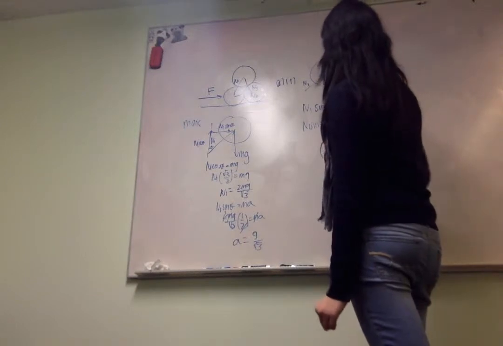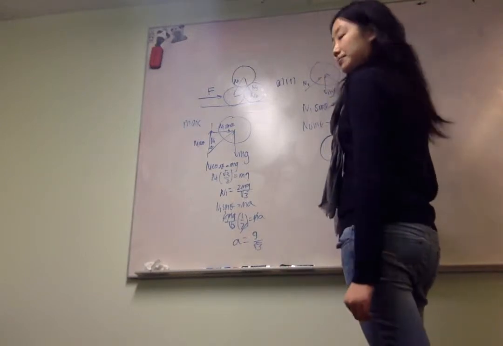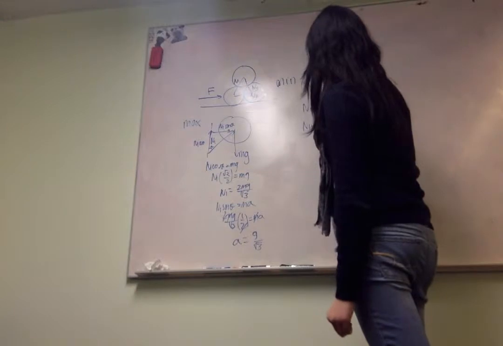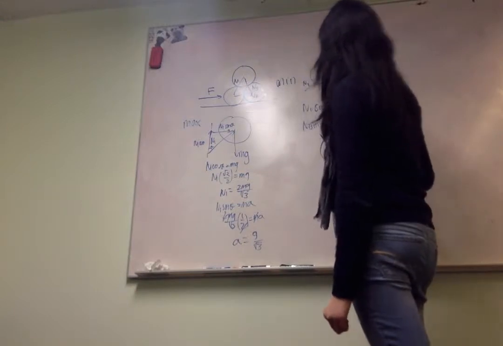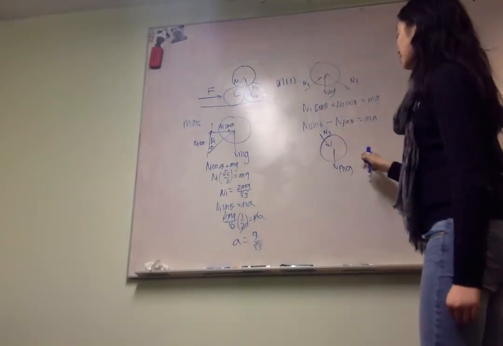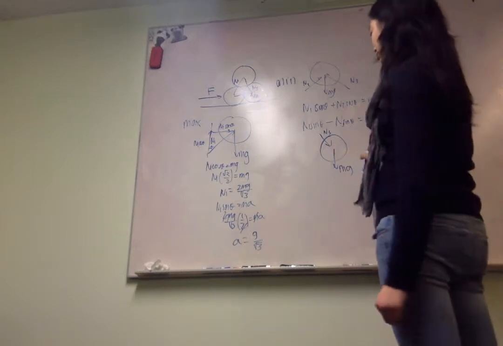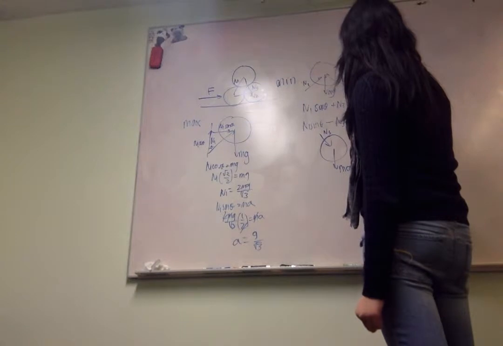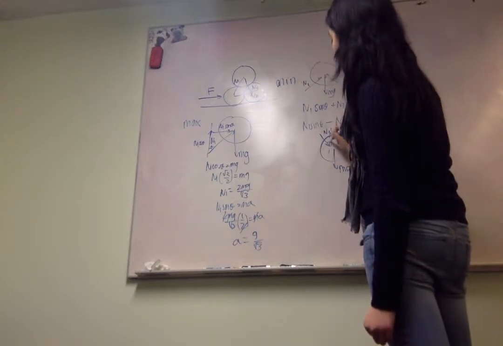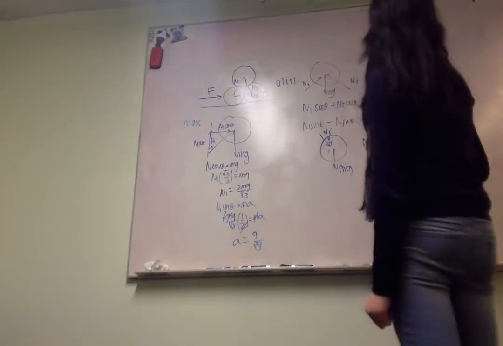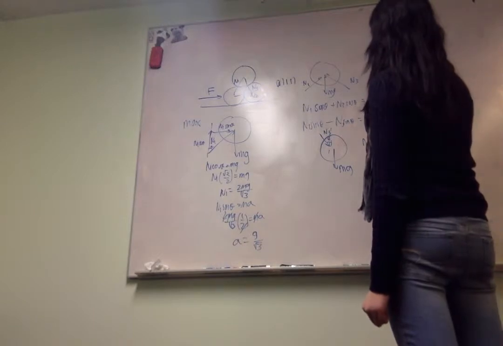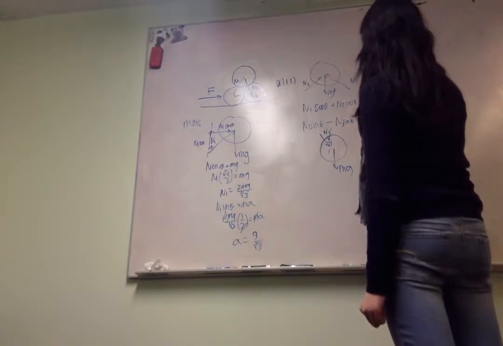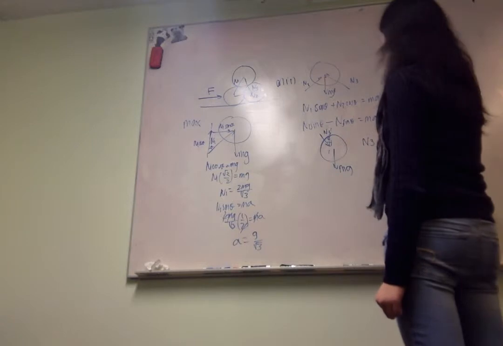So the bottom cylinder is mg down, and then normal force 3 here. And with this cylinder, we only care about the x component. And what happens is that N3, assuming theta is 30 again, N3 sine theta equals ma.